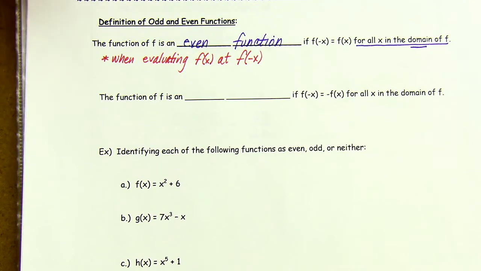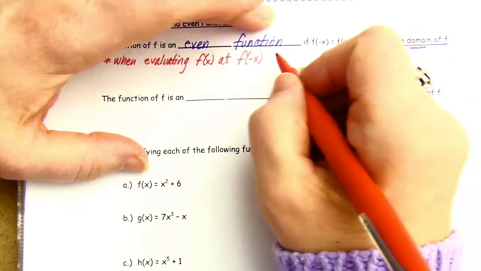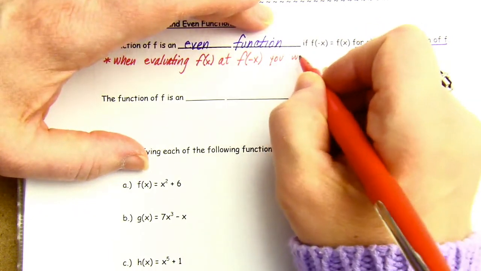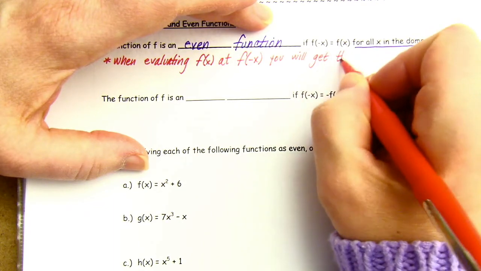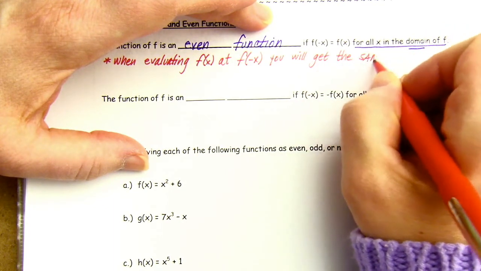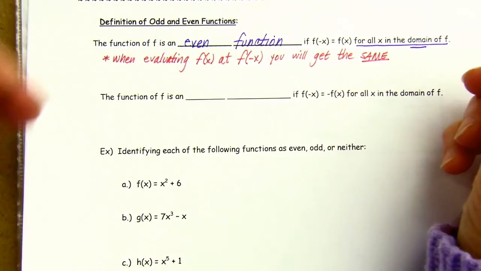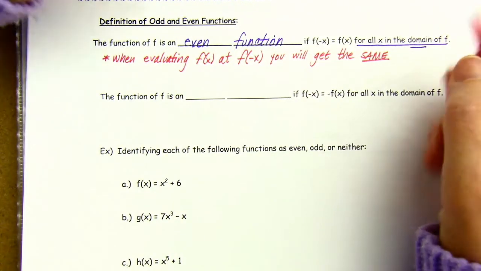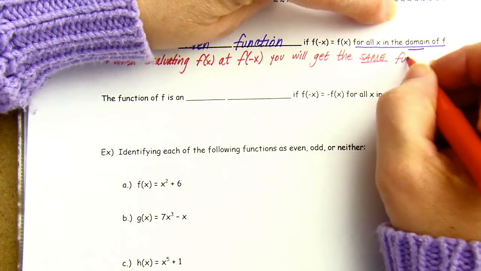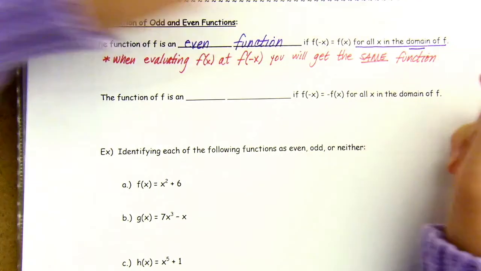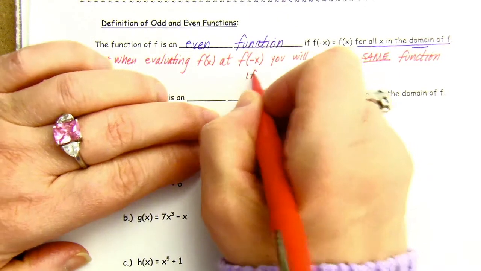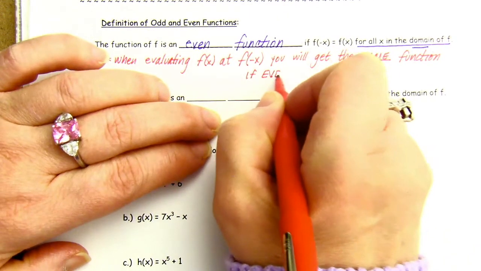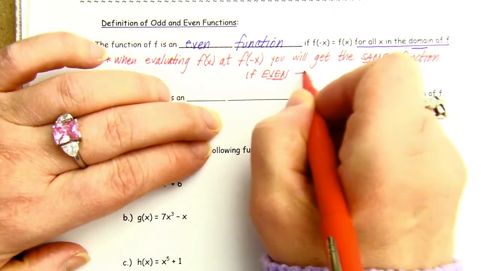So when evaluating the function at f of the opposite of x, you will get the same function. And we're going to see that when we do practical examples down below. You get the same function result. That happens if the function is even. So if even, you get the same.